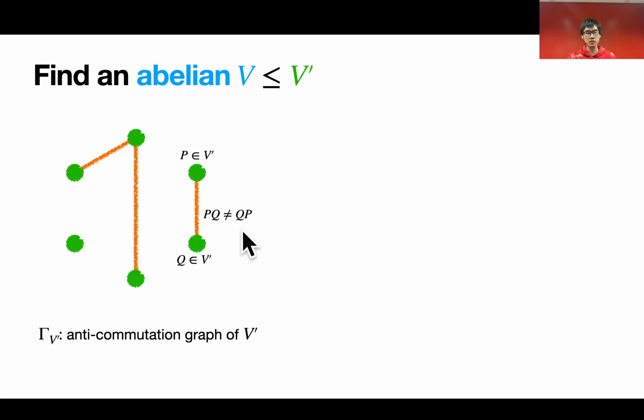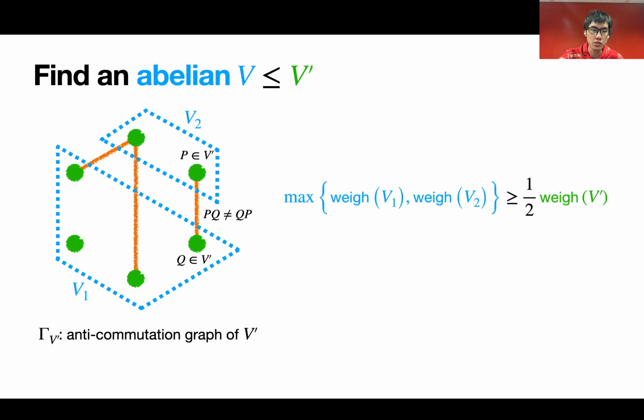In this graph, if we want to find some abelian subgroup V, it corresponds to an independent set. For this graph, we have found V1 and V2, which are independent sets. So V1 is abelian, and V2 is also abelian.